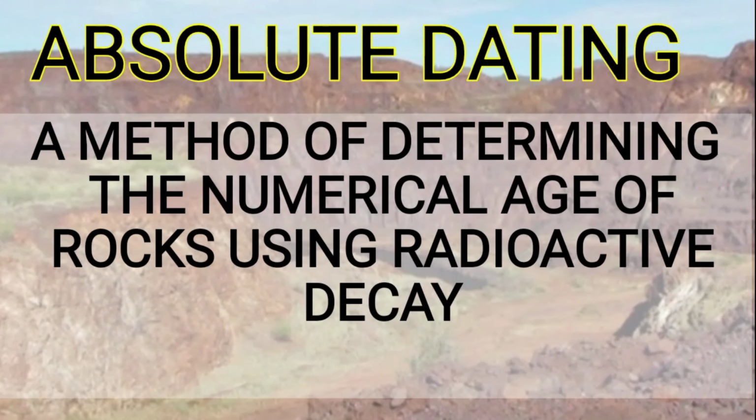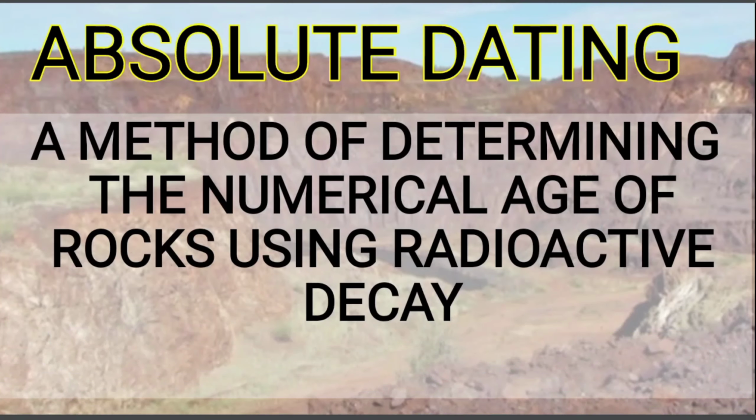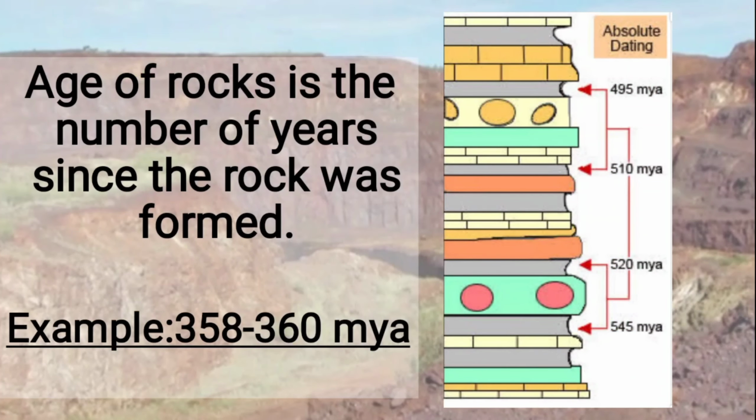Next is the absolute dating. Absolute dating is a method of determining the numerical age of rock using radioactive decay. So in this absolute dating, we are talking about the numerical age of rocks. Age of rock is the number of years since the rock was formed. Example, 358 to 360 million years ago.